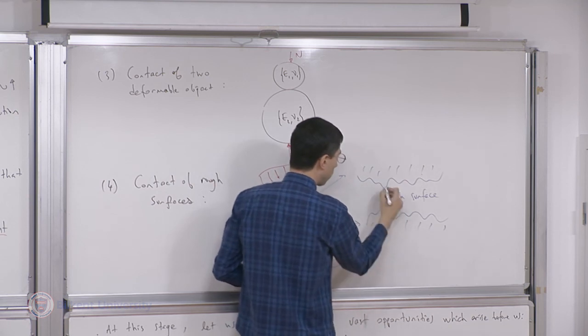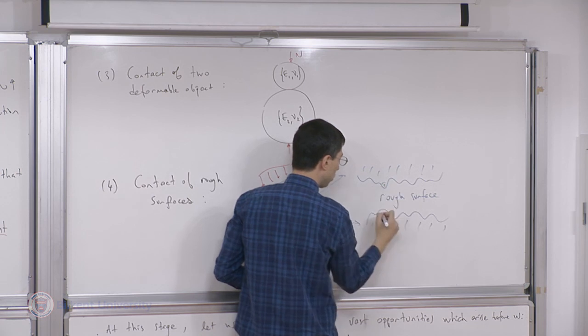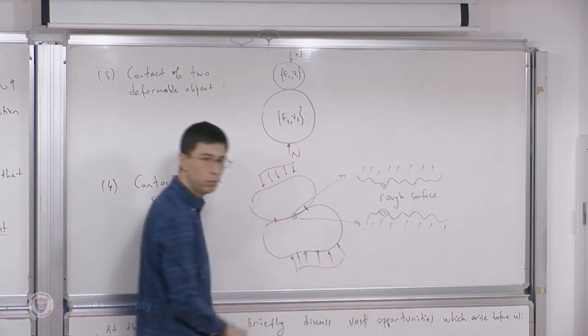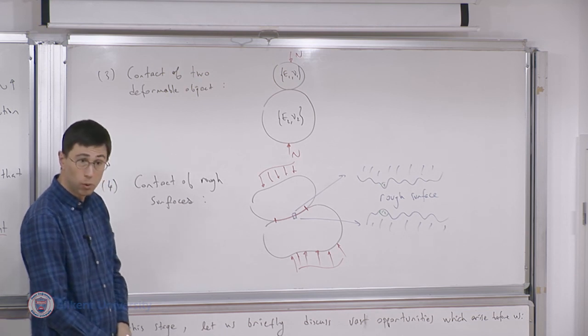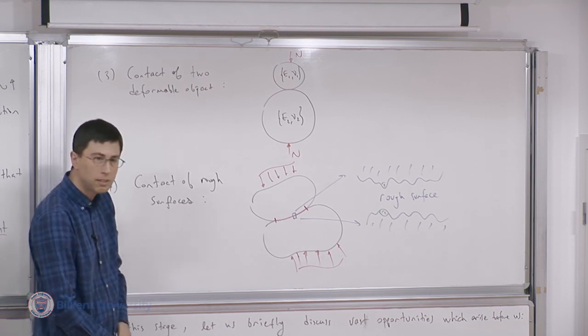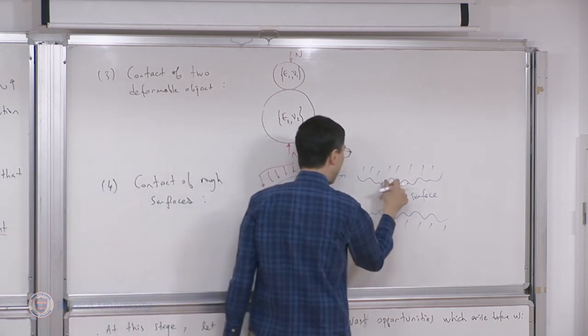So let's say when these surfaces approach each other in the normal direction, this region will come into contact with that region. Now, when the contact areas are small and the loads are small, you can approximate everything with its radius of curvature, so almost like a circle.